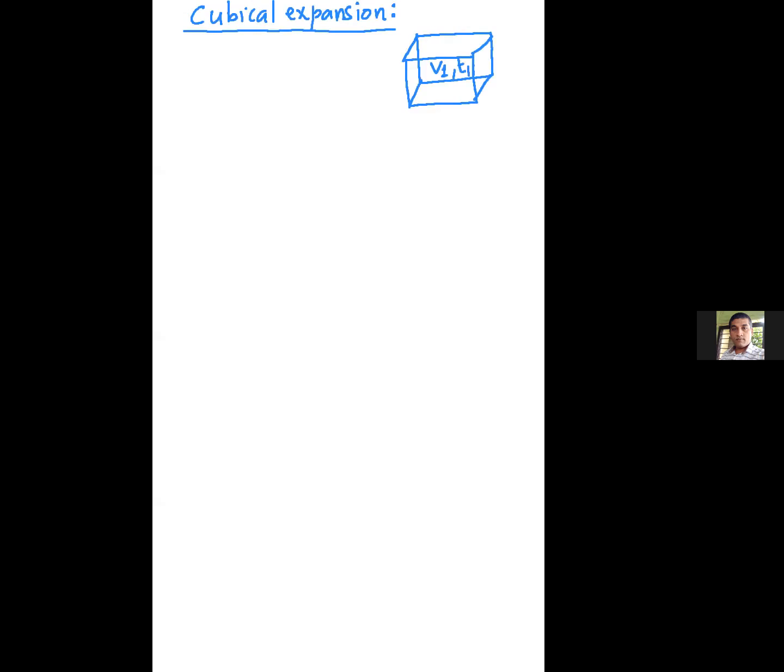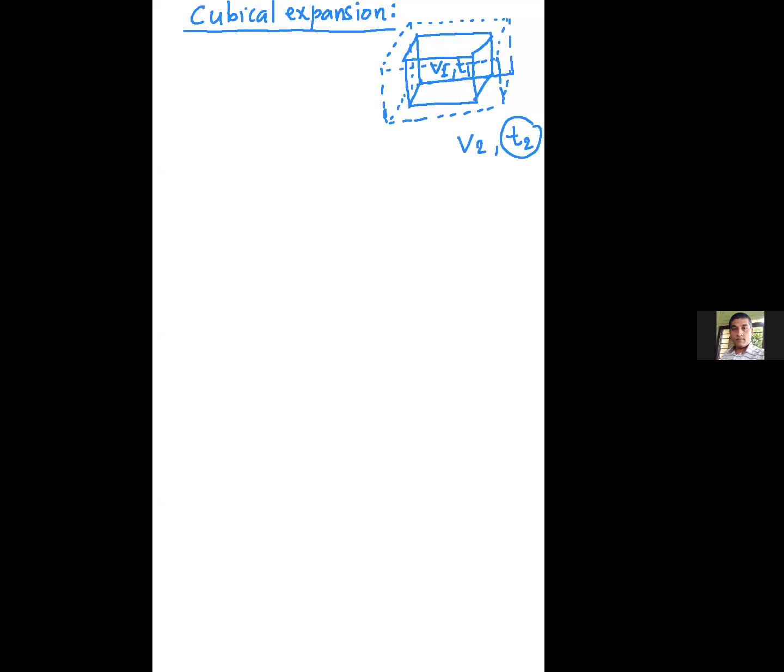Now let us heat this solid up to temperature T2. So we are heating this solid so that the volume of the solid increases. There is a change in volume, and let V2 be the final volume of the solid at temperature T2.